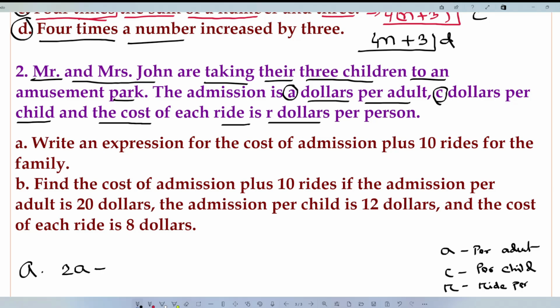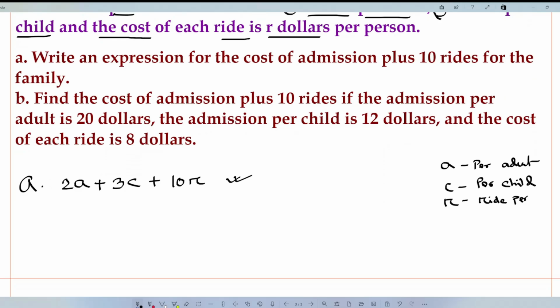Then plus 3 children, per child C dollars, so 3C dollars plus 10 rides for the family. They purchased 10 ride tickets for the family, so it becomes 10R. Okay, this is our first question's expression.